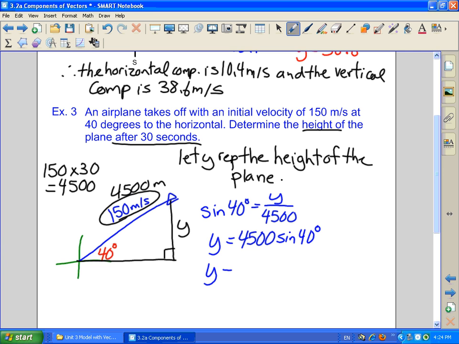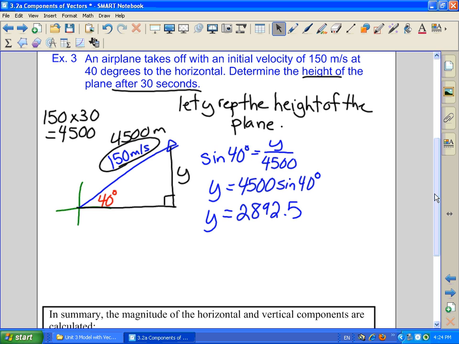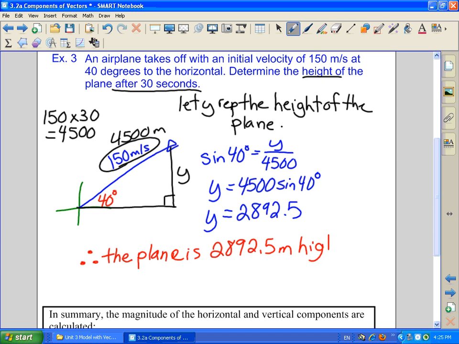Plug that in your calculator, and you should get 2,892.5 approximately. Okay. And then don't forget, because it's a word problem, to do your therefore. So therefore, the plane is 2,892.5 meters high after 30 seconds.